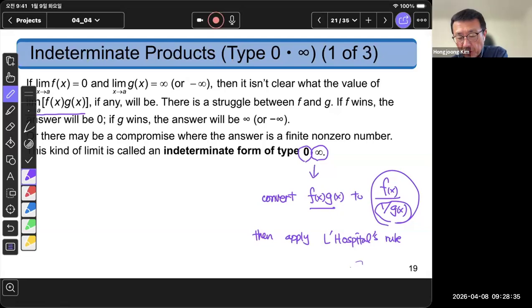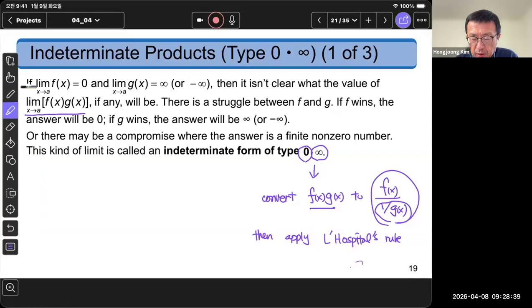Okay, so if you have this product f of x times g of x, and if one function converges to 0 while the other diverges to plus infinity, then you need two steps. The first step is to convert this product into this form.